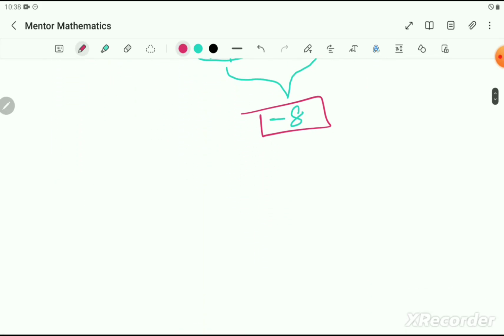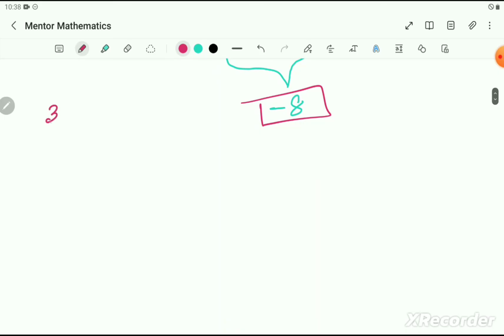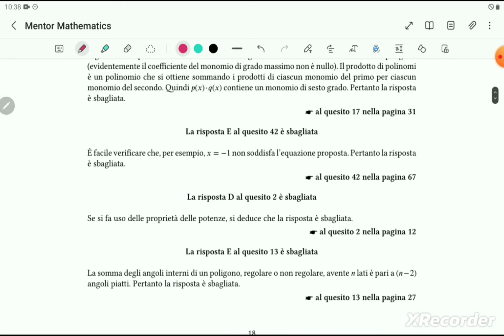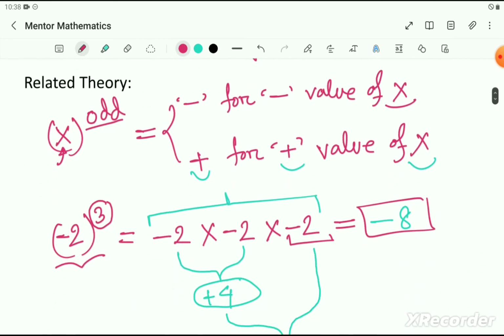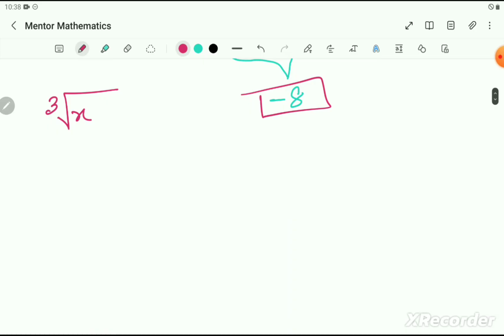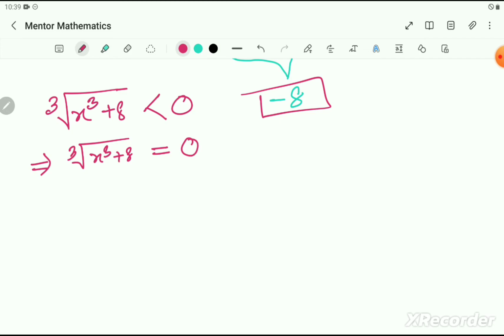Okay, so let's solve the problem. In this problem it was written x cube plus 8. I'm not sure, let me check it. x power 3 plus 8 less than 0. So let's solve it. How about we first consider it equal, plus 8, let's think both sides are equal.